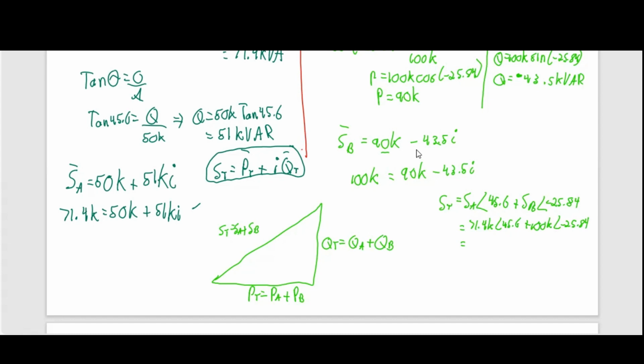So 71,400 angle 45.6 plus 100,123 angle minus 25.84. And I get 140K angle 3.03.